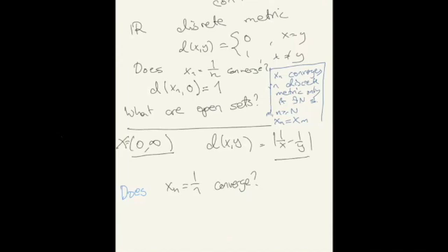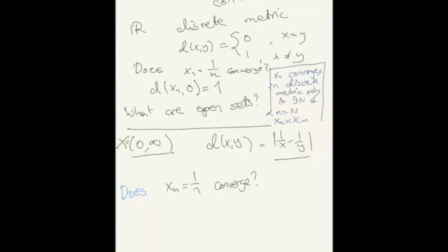Now, you can verify the axioms of a metric space here. There's actually an example on CampusWire. If you go to the discussion about metric spaces, there's a great example that basically proves that this is a metric.